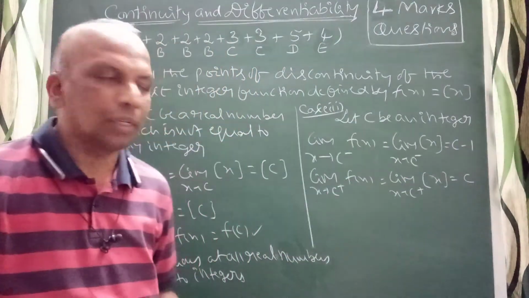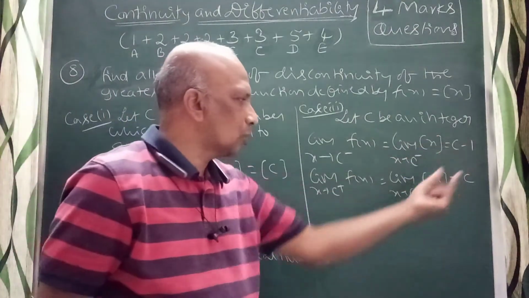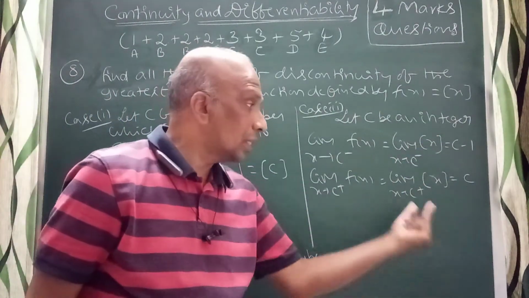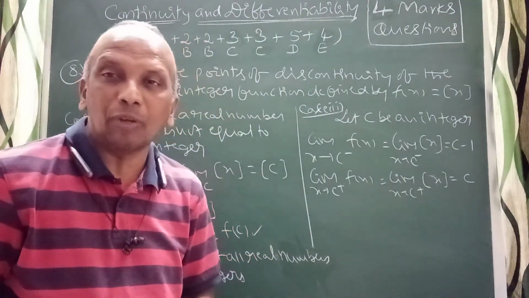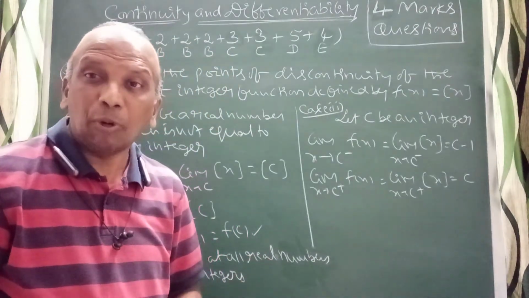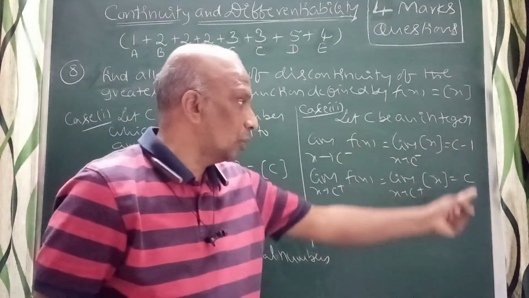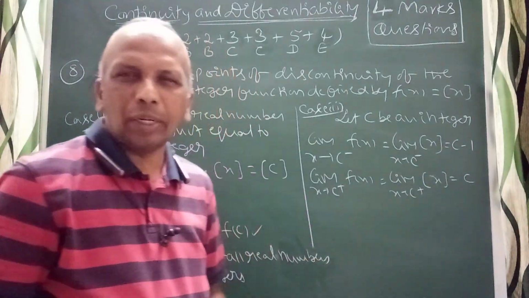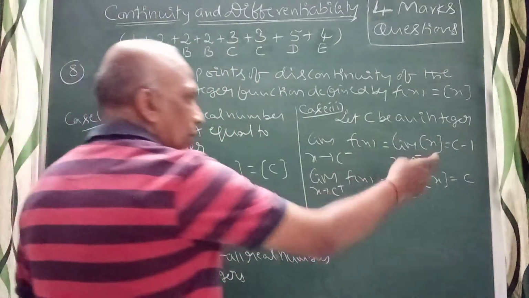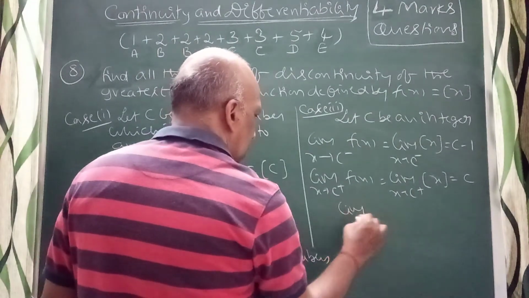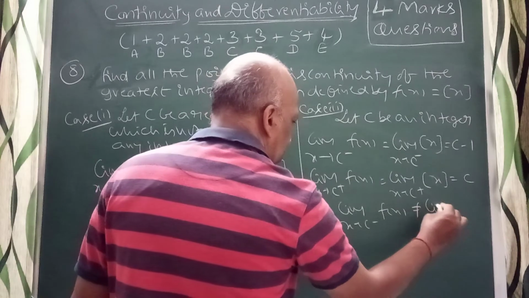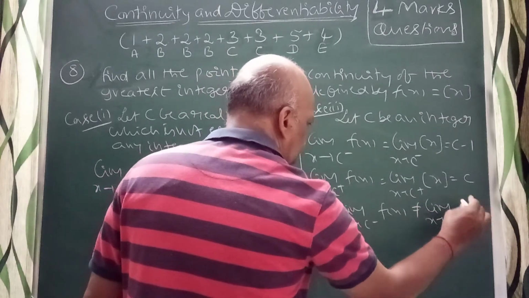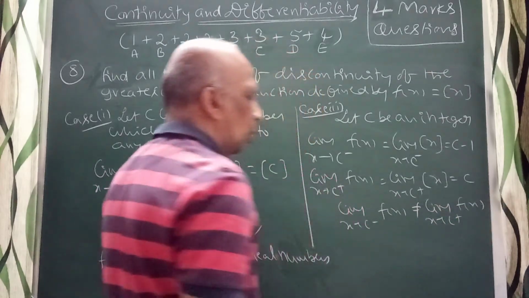Step of 2 point something will be 2, and step of 1.9 something will be 1; you get the integer part. But both are not equal here. The limit as x tends to C minus of f of x is not equal to the limit as x tends to C plus of f of x.